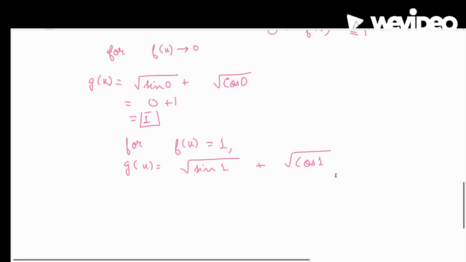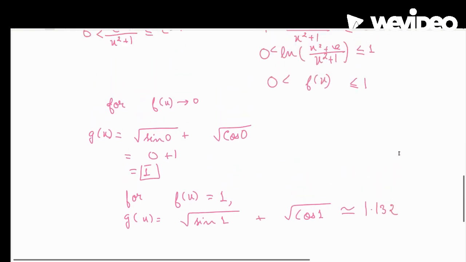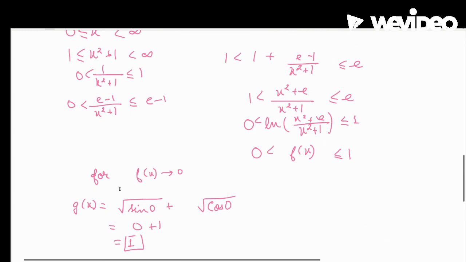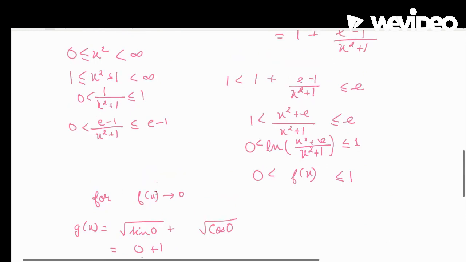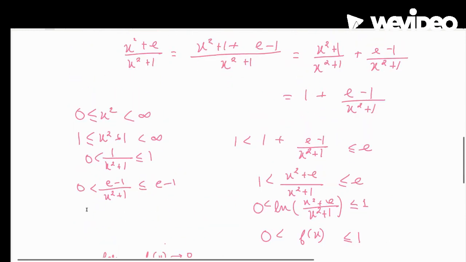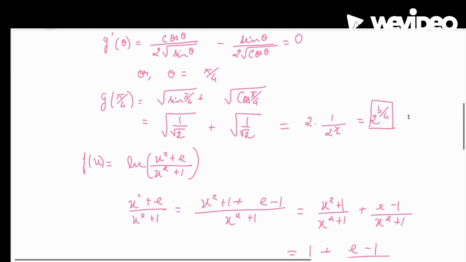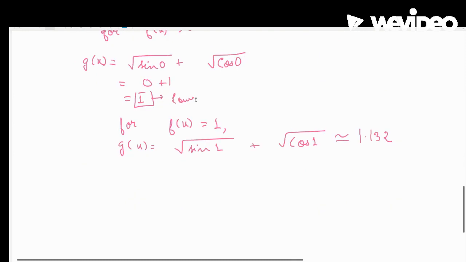Also I can tell you the value of this comes out to be approximately 1.132, and this 2 to the power 3 by 4 is higher than this. 2 to the power 3 by 4 comes out to be 1.68. So 2 to the power 3 by 4 will be the maximum value, and the lowest value will be this 1, and it will be tending to 1. So option A is correct, that is from 1 to 2 to the power 3 by 4, that is the answer.